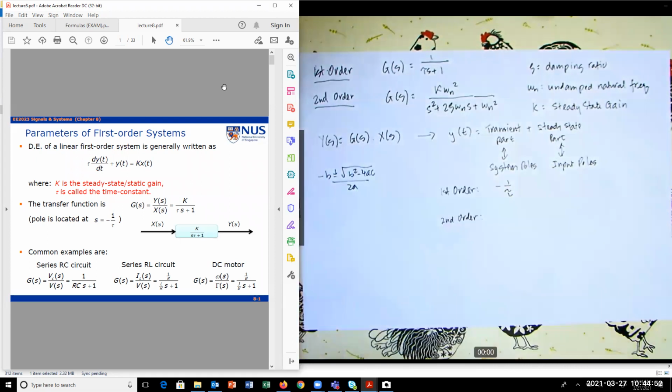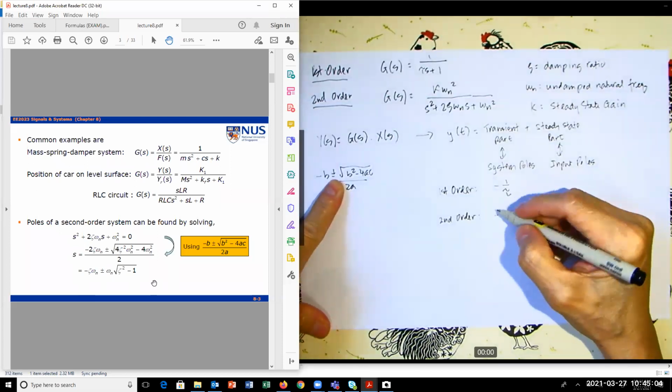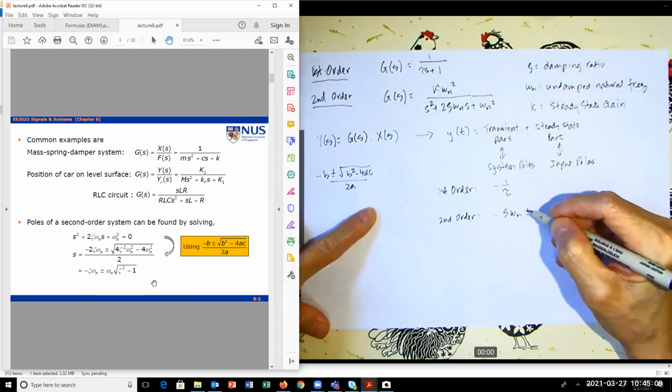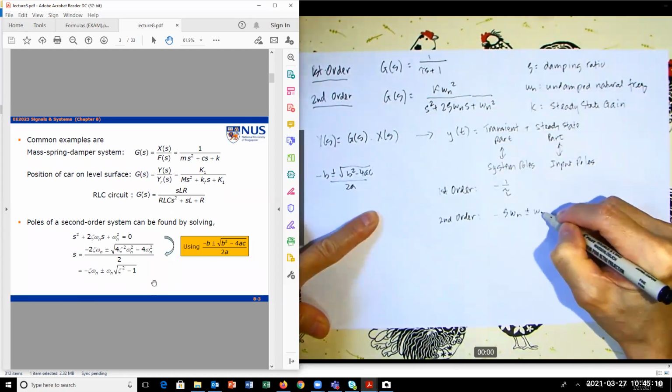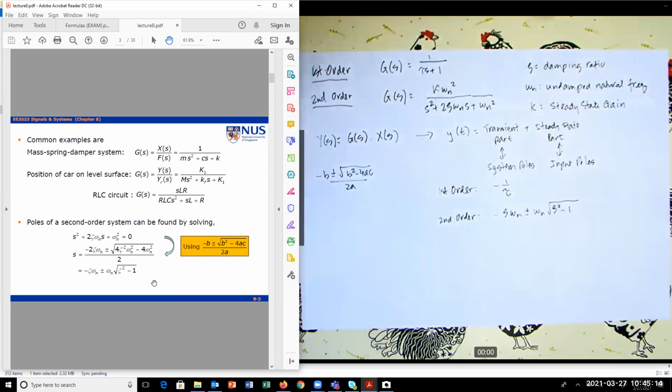If we use this formula, the poles that we obtain are minus zeta omega n plus or minus omega n square root of zeta squared minus 1. So these are the poles of the second order system.